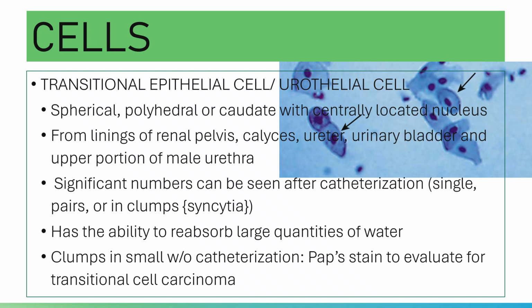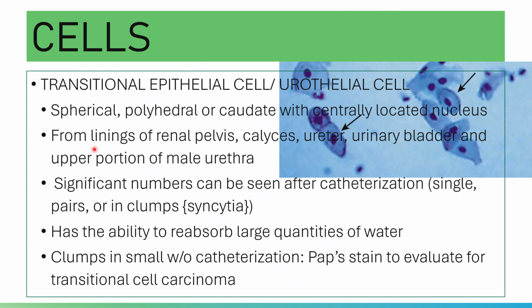Your transitional epithelial cells. If your squamous epithelial cells are located at the lower portions of the urethra, let's go up to your urinary tract to find your transitional epithelial cells.